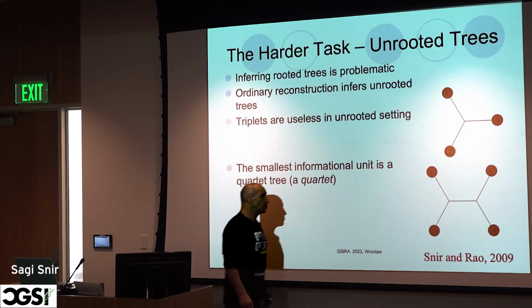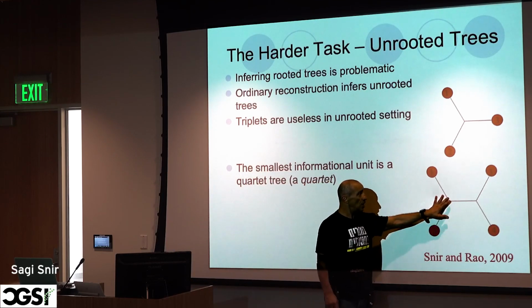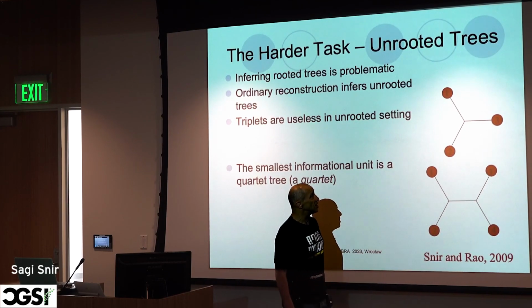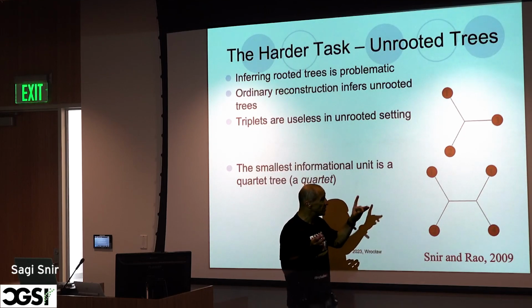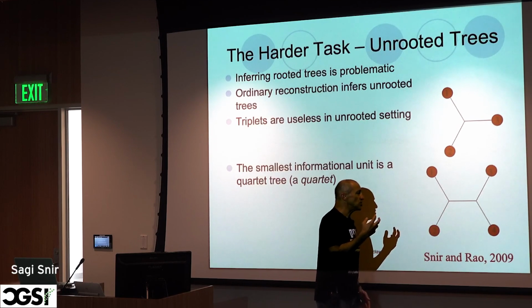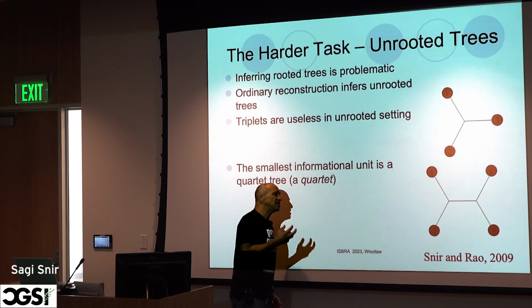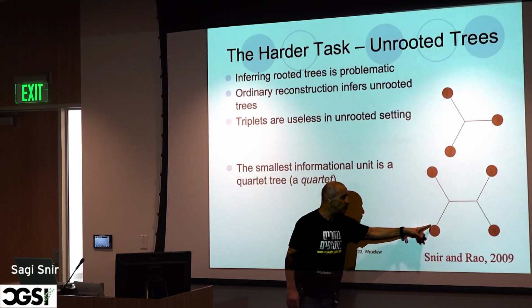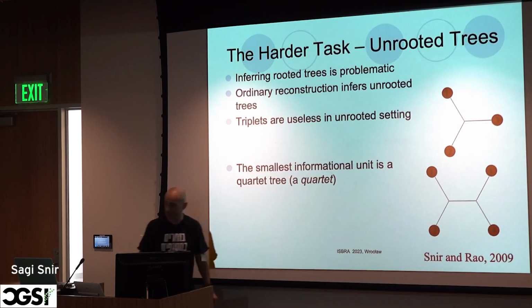So Satish and I came up with that idea with the triplets, of the MaxCut with the triplets. But here some more sophistication, more complexity arose, and we had to deal with this. So let's see what we do.